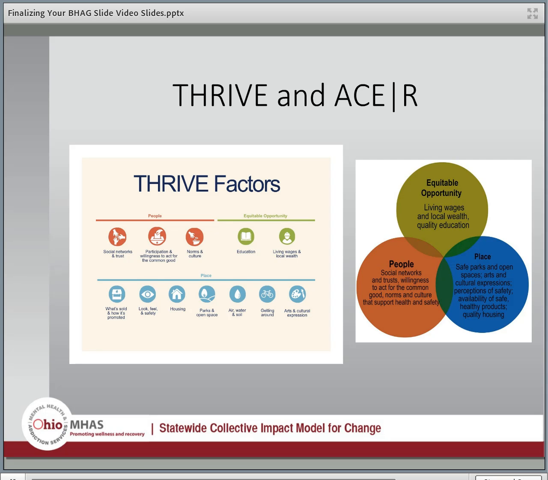Are there opportunities to make it more specific and focused to address the community environment and community trauma? Think Thrive and ACER. Have you named a population of focus for your BHAG? This is one way to make your goal more specific and less big and overwhelming.